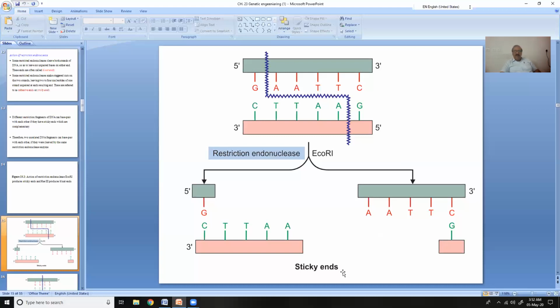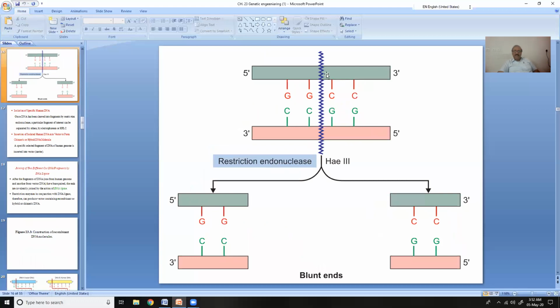And how do the blunt ends form? You see GGCC, and it is cutting between the second G here and here. So we are getting GGCC, CGCG, and there are two fragments, and we are not getting any loose base, any unpaired base.